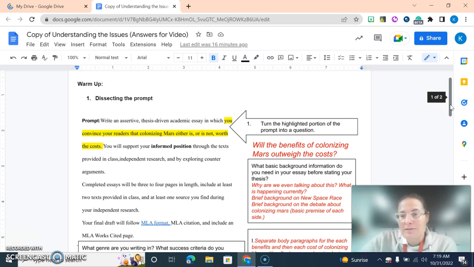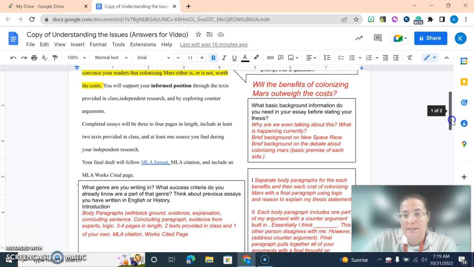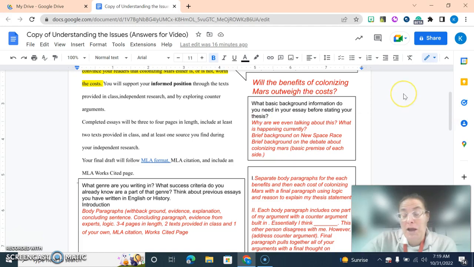So the background information you're probably going to want to collect includes, why are we even talking about this? Is there something currently happening in the news that is bringing this issue to the forefront? You will probably want to provide some information on what the new space race is. You might even want to provide very brief background information on the debate about it and the basic premise of each side.